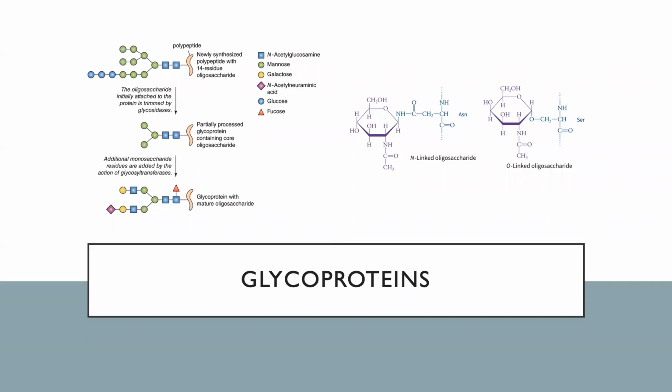And the amino acid sequence or local structure of the protein, as well as the processing enzymes present in the cell, are going to determine which sugars are added and deleted from glycoproteins. And so it's important to know that the adding of the sugars, or what we call glycosylation, occurs during translation, or if you guys remember, protein synthesis.